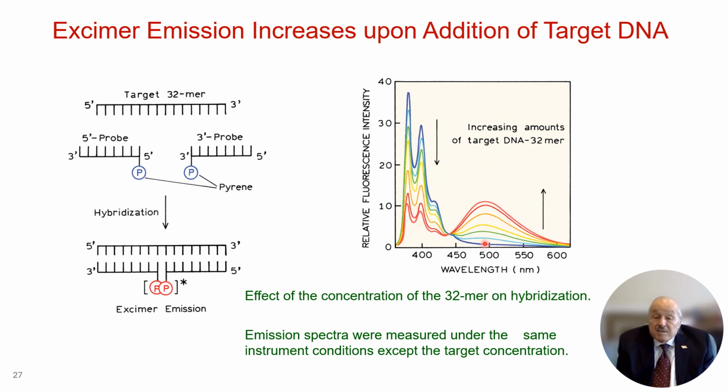As they increase the concentration of the oligomer, you see more and more excimer formation, as is indicated over here. I didn't want to put in too many details, but this was found to be very sensitive to even one nucleotide change in this oligomer.